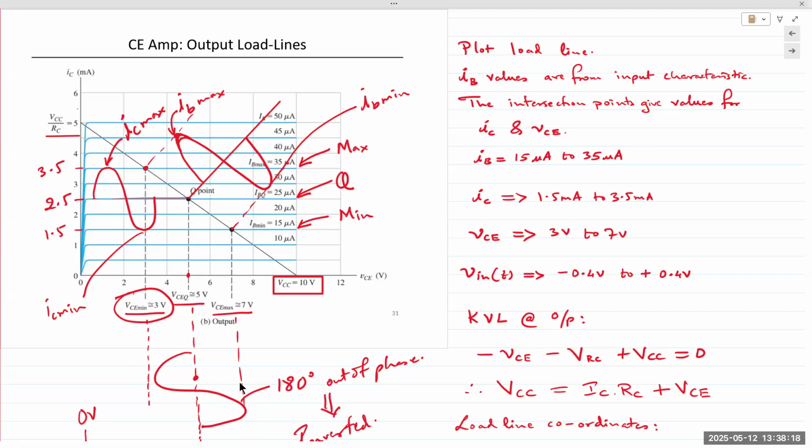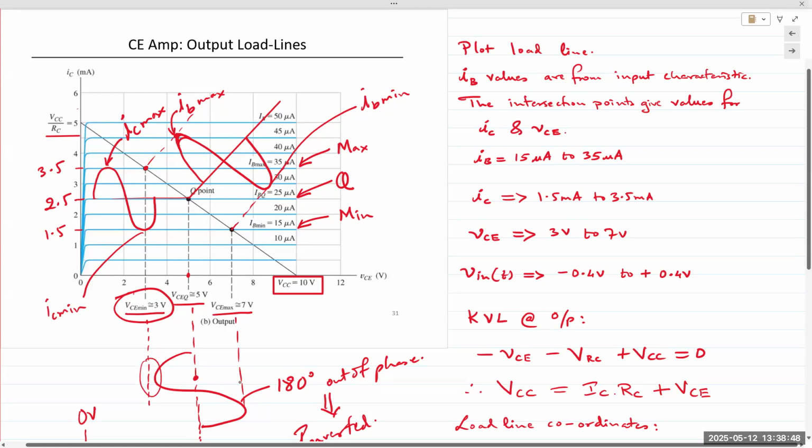Input small, it's going into the BJT. But if your biasing does not center your Q point in the middle of the active region, your Q point might be either towards cutoff or it could be towards saturation. If it's towards cutoff region, then your output positive peaks start getting clipped, which is like right here, right? And if your Q point is up near the saturation region, then your negative peaks of the output start getting clipped.